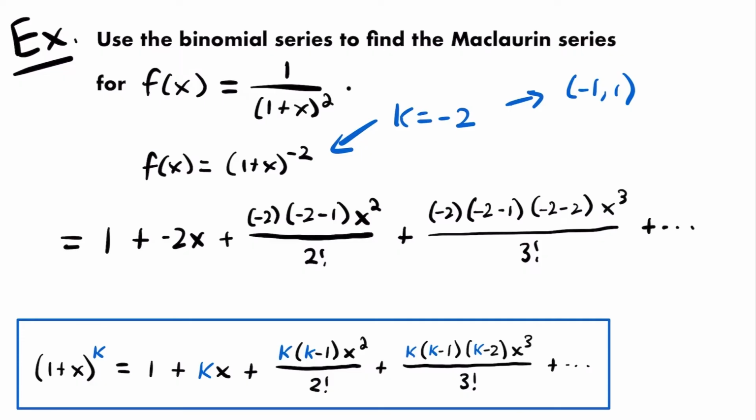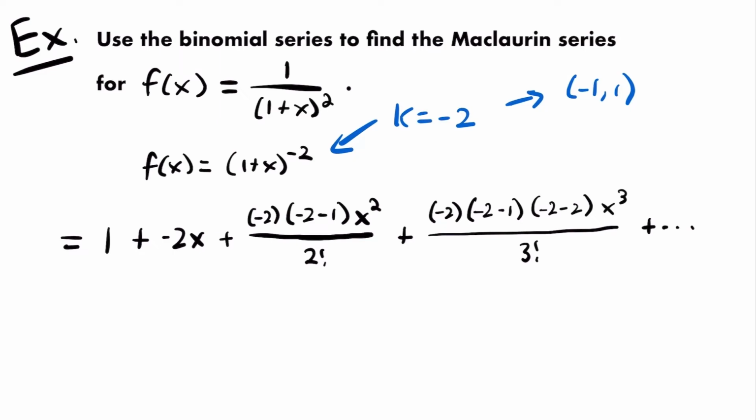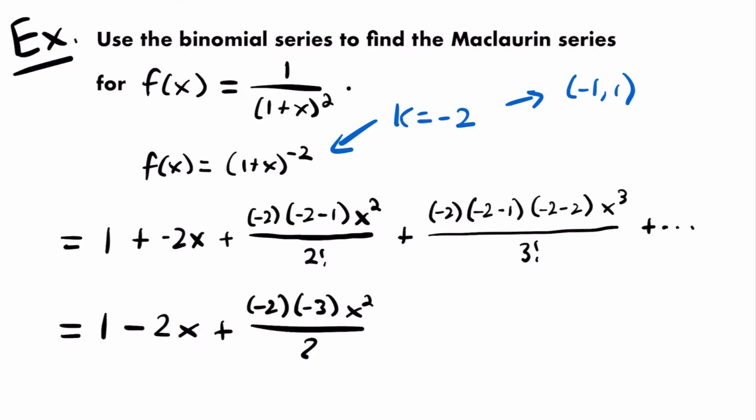But now what we want to do is simplify. And so if we do that, we will have that this is equal to 1 minus 2x, right? We are adding -2x. So instead of having plus -2x, we're just going to subtract 2x. And this is added to -2 times -3 times x squared divided by 2 factorial.